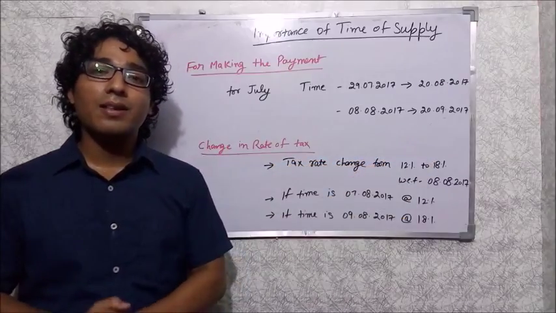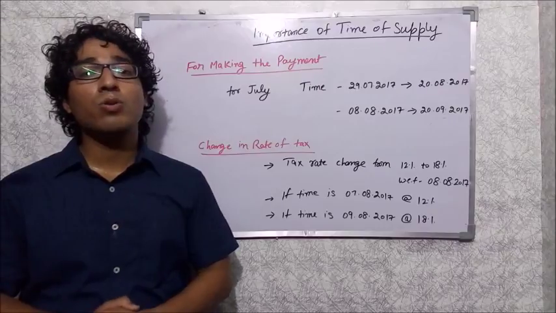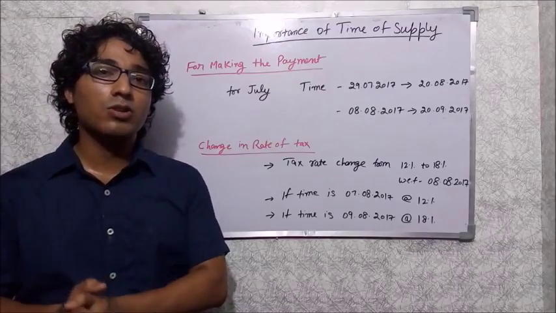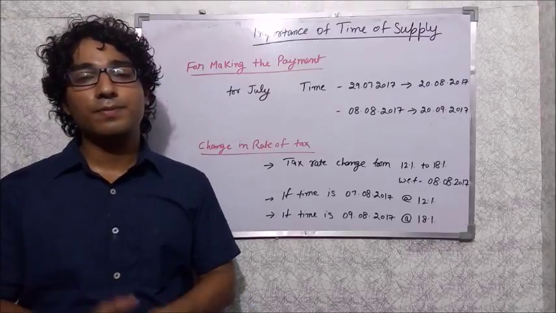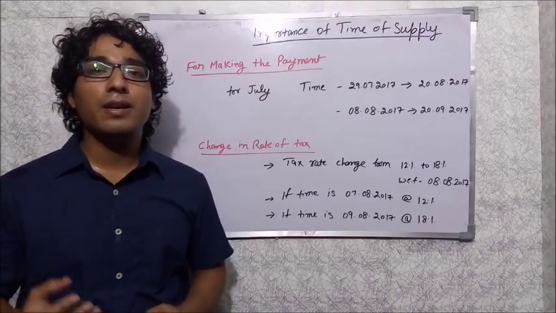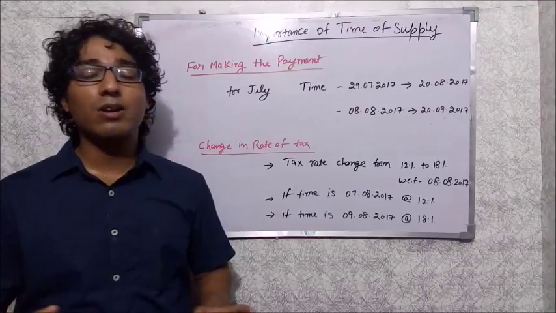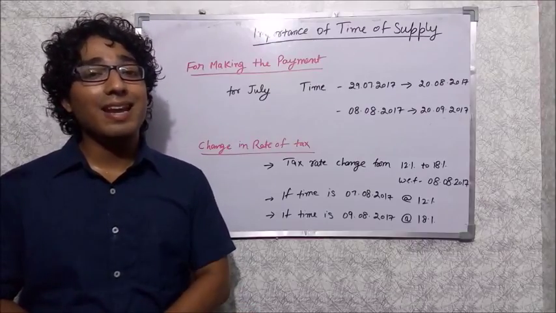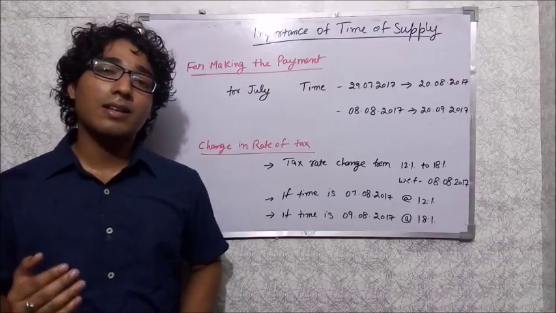So by making the payment earlier, you have also missed your opportunity cost interest, which you can earn by giving that money into a fixed deposit or other kind of stuff. Or if you are using working capital, then you can save the interest cost there.